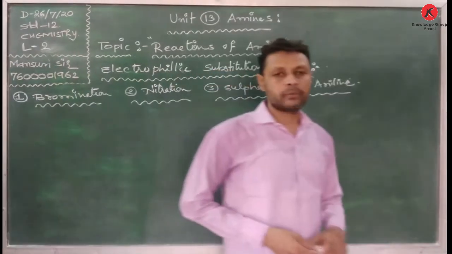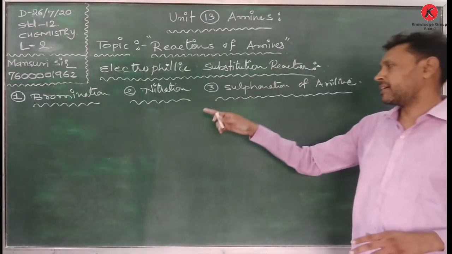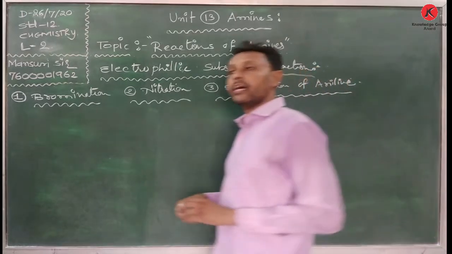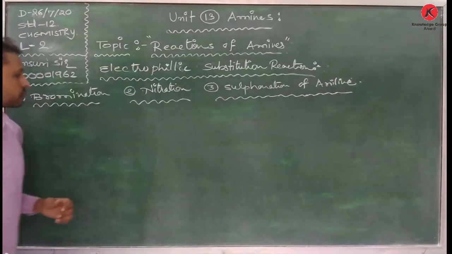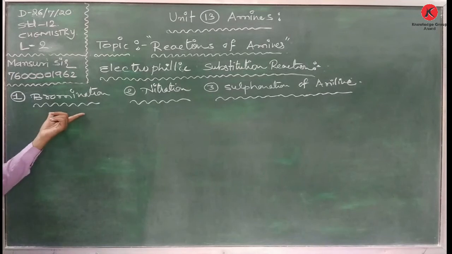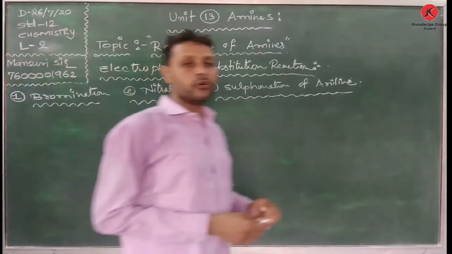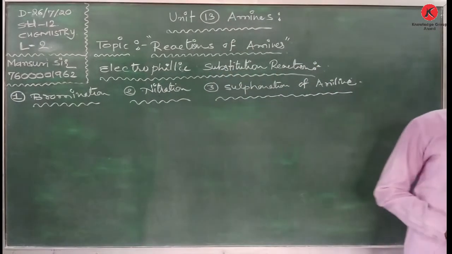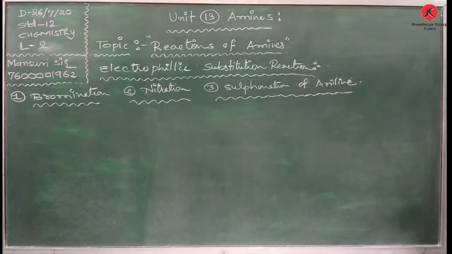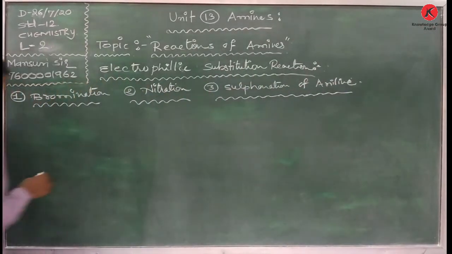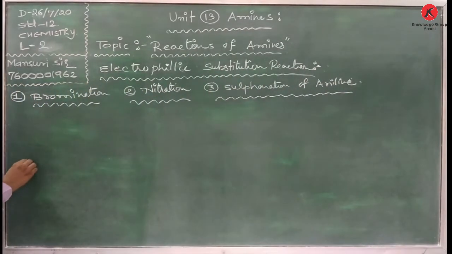Students, now we are moving to the electrophilic substitution reactions of aniline. Here, first will be bromination, thereafter nitration, and thereafter sulfonation will be carried out. Here, we have to take bromination of aniline. Now, this is my aniline.